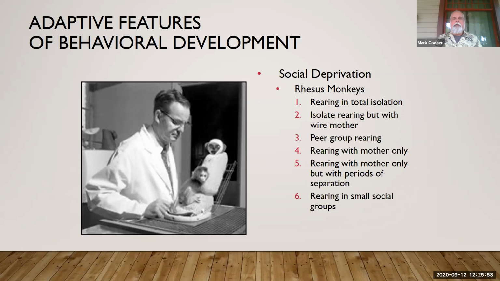And then eventually they would be introduced to the family and put back in. But what they found out is that you ended up with a bunch of gorillas and chimps that had social issues. And so today's zoos tend to try to keep those with their parents.